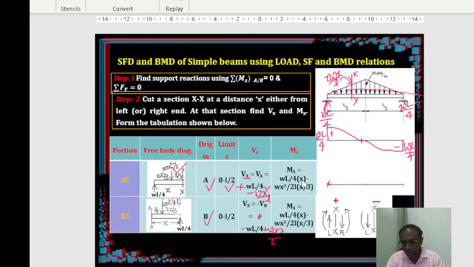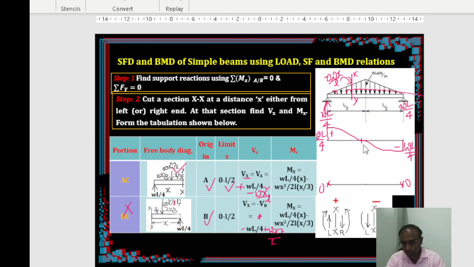Now if you want the bending moment, this also you can write. One equation is sufficient, for the second one you don't have to go, just use the mirror image. Those who don't understand the mirror image can form another equation, that's it. We know it is 0 at both ends, so if you know one value, you can complete the bending moment diagram. What is that one value?